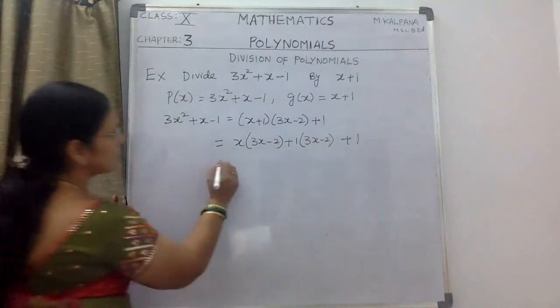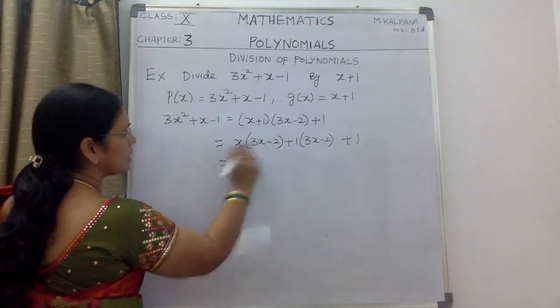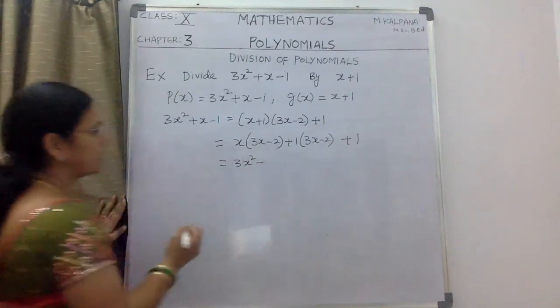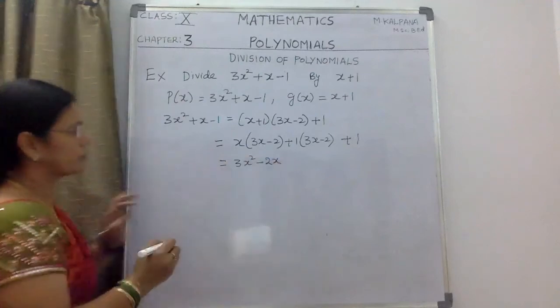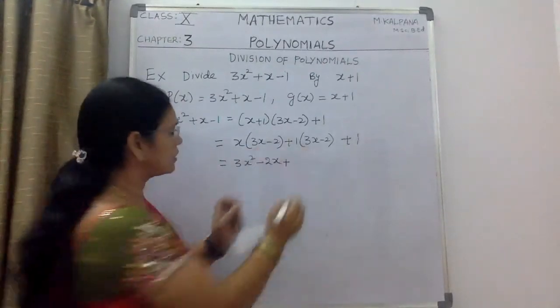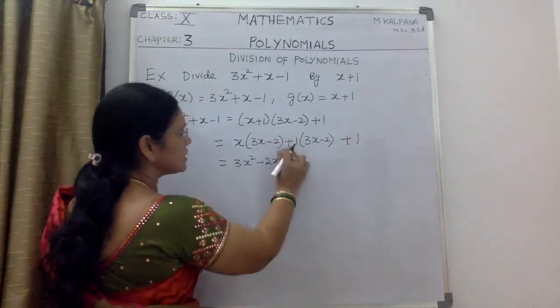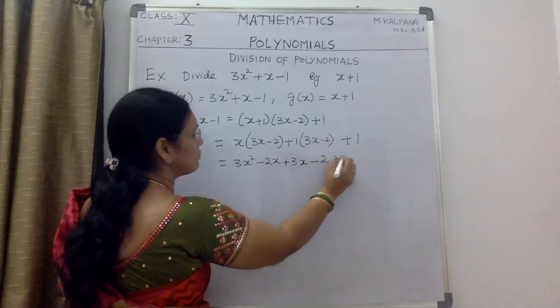So x into 3x, that is 3x square, plus into minus, minus 2 into x, how much, children? 2x. Again plus 1 into 3x, that is 3x, plus into minus, minus 1 into 2, 2 plus 1.